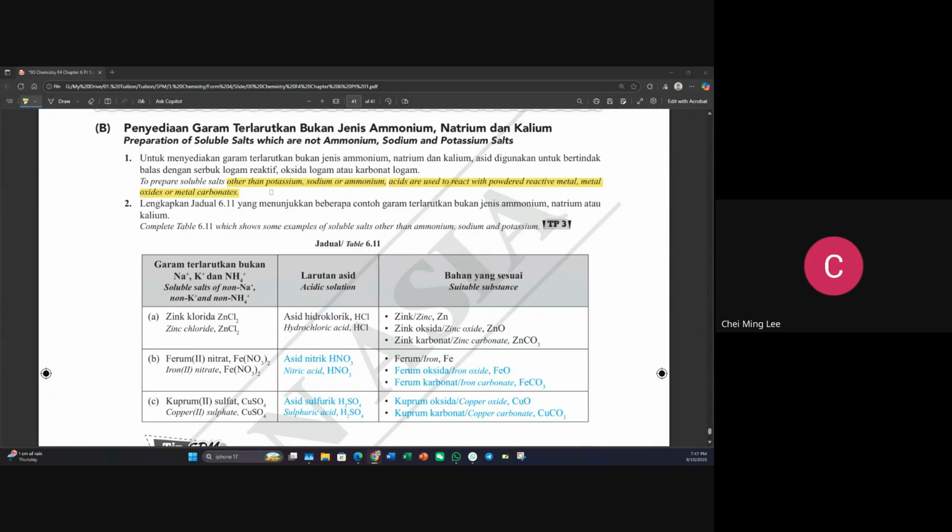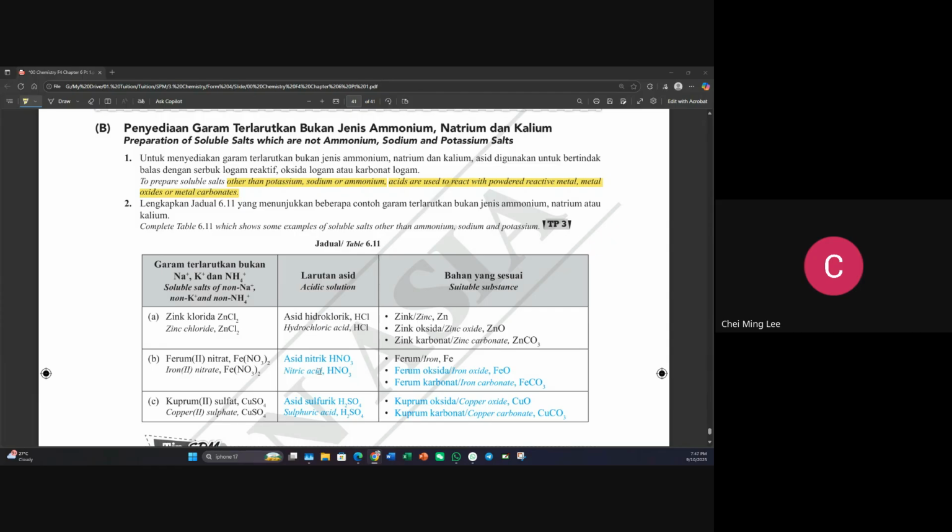So we use the powder. For example, if we want to get zinc chloride, we must use hydrochloric acid with zinc, zinc oxide, or zinc carbonate. If you want to get iron(II) nitrate, we have to use nitric acid. So you see, nitrate for sure, nitric acid.